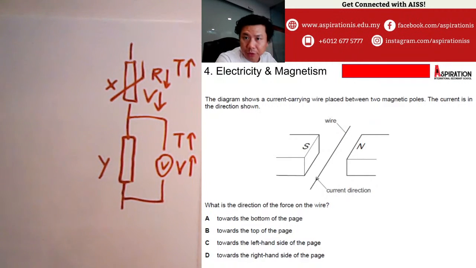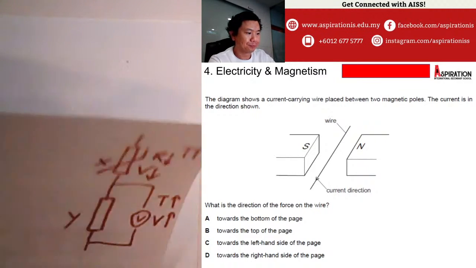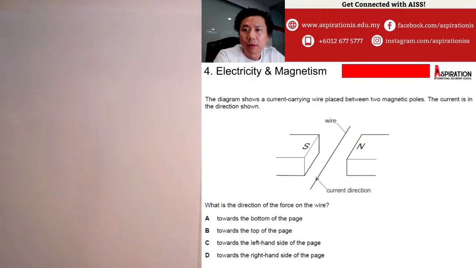Yes, it is an induced force question. Okay, so what do you think the answer is? Key it in.